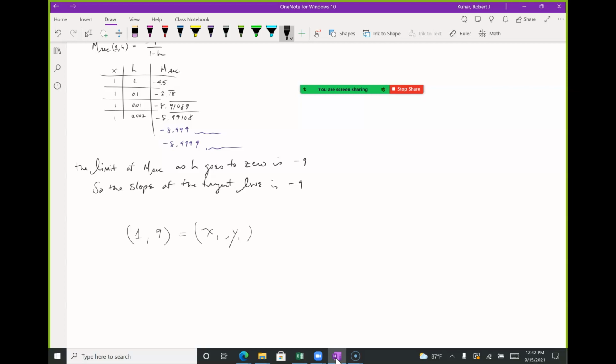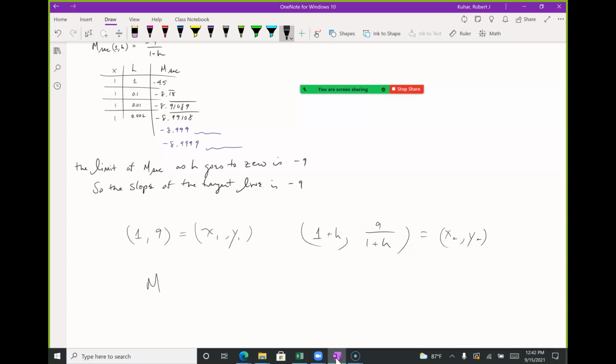And I've got my second point of 1 plus h, comma, 9 over 1 plus h, right? And when that function is nasty, that gets pretty nasty as well. So that's x sub 2, y sub 2.